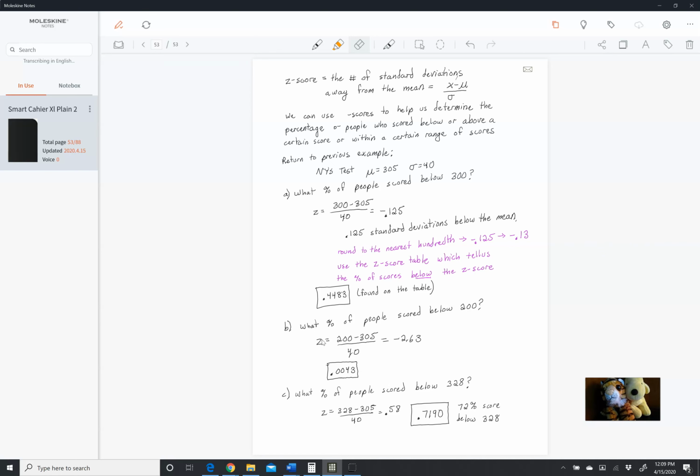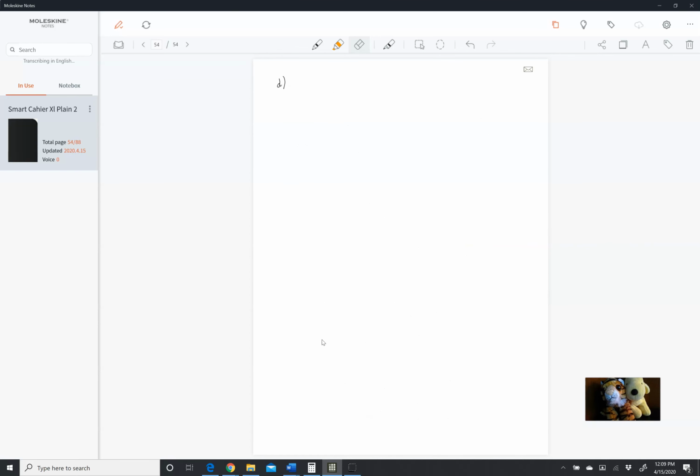Okay, let's take another one. Let's say what percent score above 300? So this is different. We've been working with below, we want above. We already found this, but let's just put it in here again. Still need to find the z-score. And here it was negative 0.13.